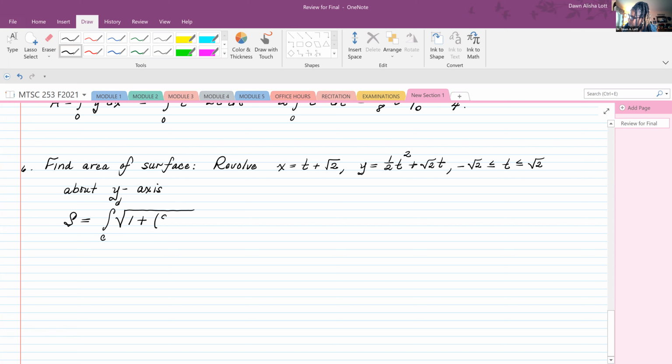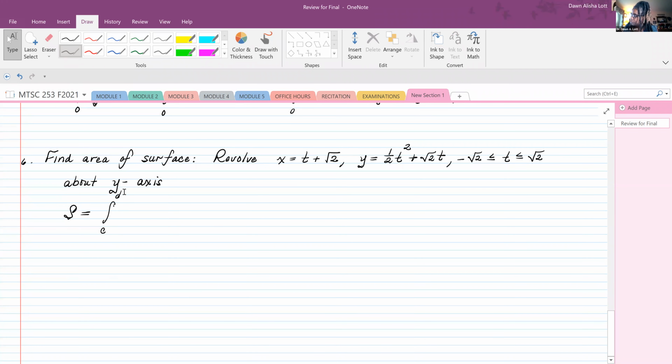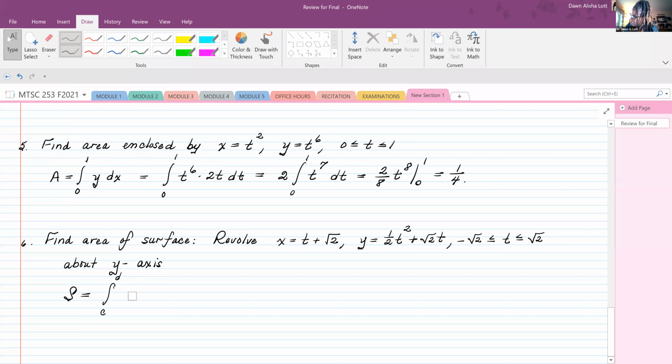So this is going to have to be dx dt, where, and I'm missing the 2 pi. It should be 2 pi. I don't know why it's getting glitchy on me.